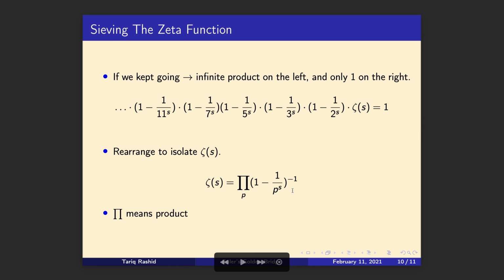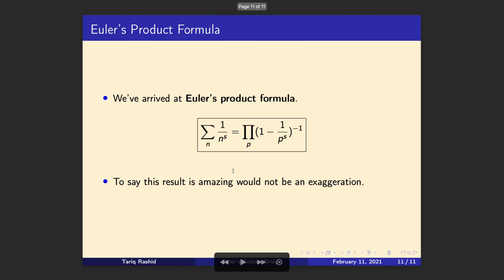So that's interesting, because if we write that out again, because remember the zeta is a sum, we have Euler's product formula. This is the important connection between primes on this side and normal counting numbers, the integers, on this side.